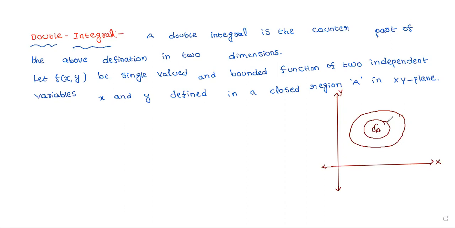So two independent variables, so two dimensions. So this area is to be found out, this whole part.